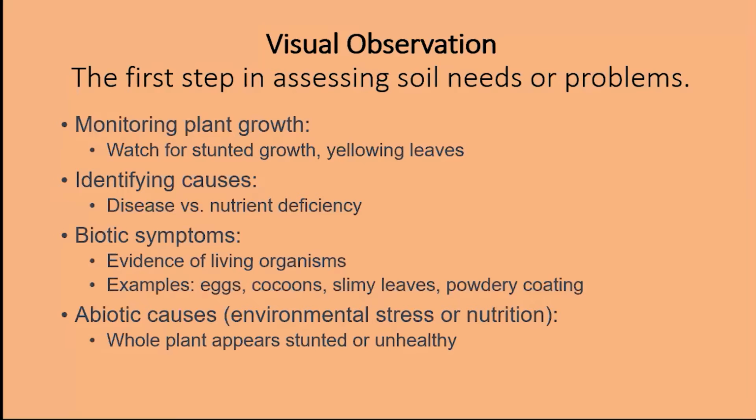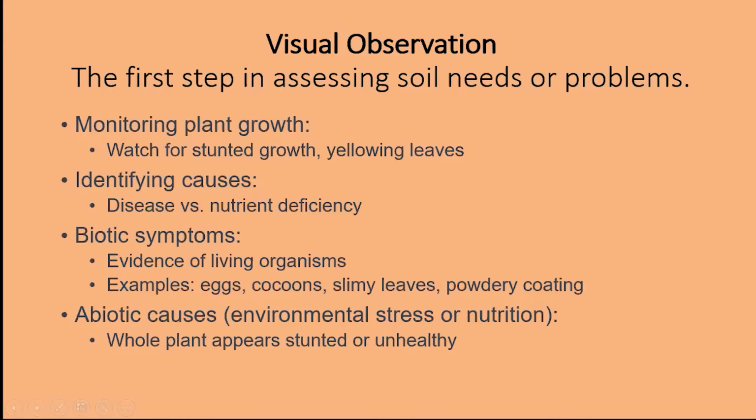However, as you start looking at your plants, you need to determine whether you're going to be diagnosing a deficiency in the nutrients or whether it's a disease that's on your plant. And the way you do that is by looking at the symptoms. Are they biotic symptoms, that is, caused by living organisms? Then you might see things like eggs or cocoons or slimy leaves or a powdery coating.